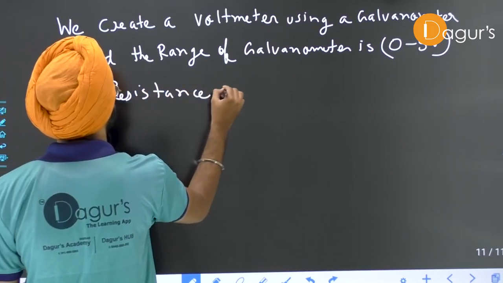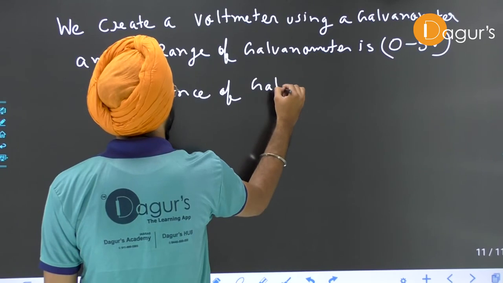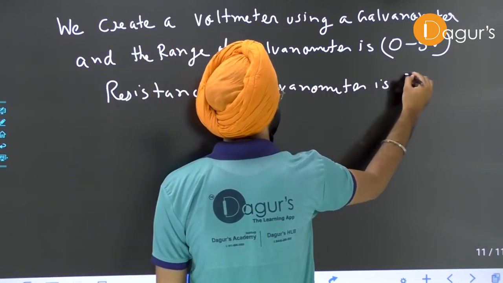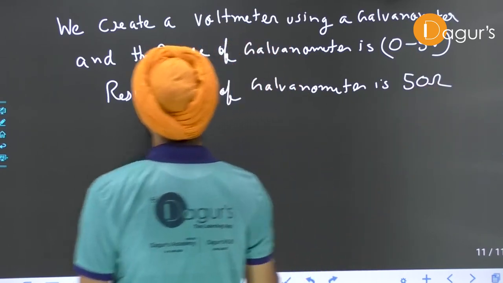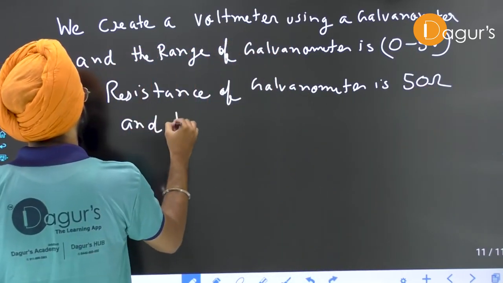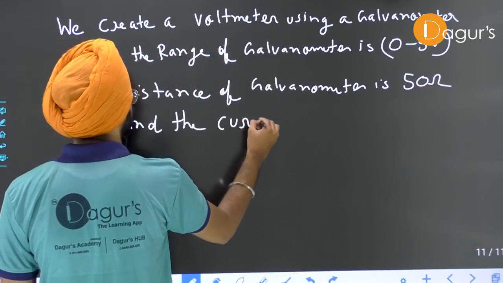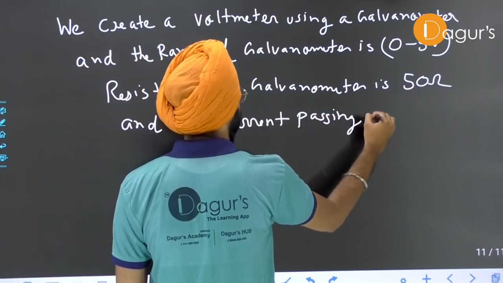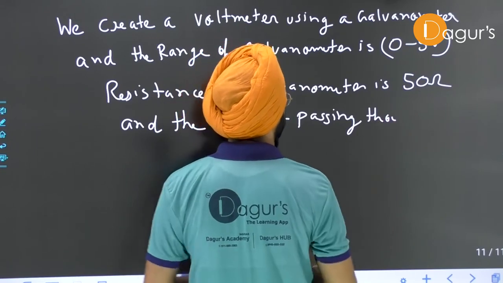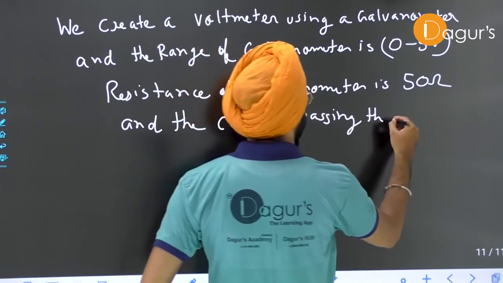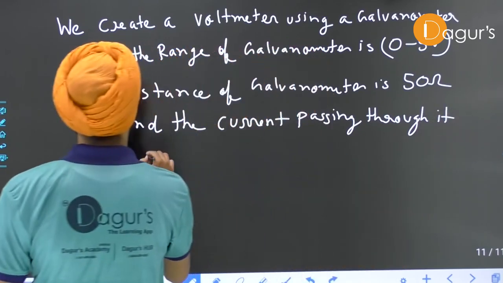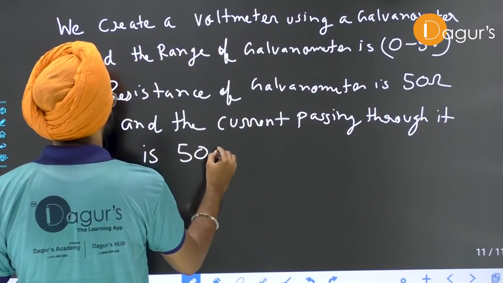The resistance of the galvanometer is 50 ohm, and the current passing through it is 50 microampere.